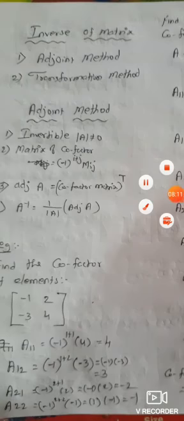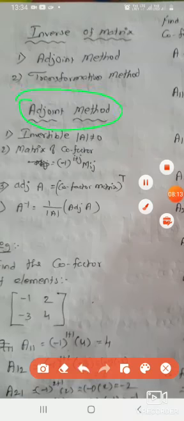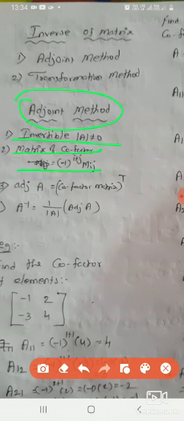Here I am going to use the adjoint method. Adjoint method means invertible or not, this one only we have seen. Determinant we will find out, it is not equal to 0 means it is non-singular. If it is non-singular, that inverse exists, that is invertible. Then this part I am coming. How to find out the cofactor matrix, we are going to see this one.